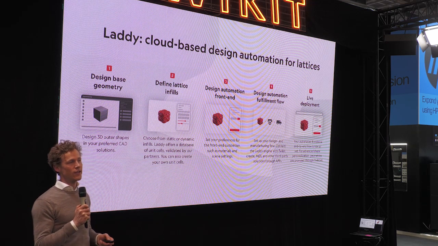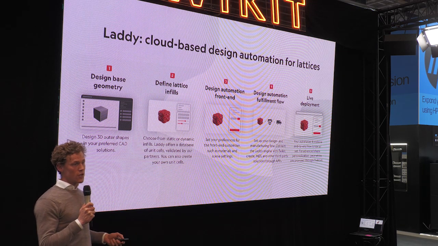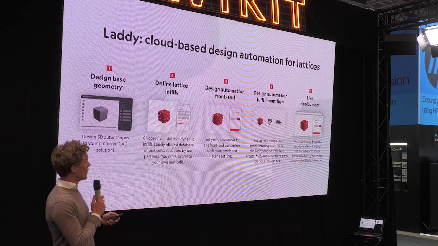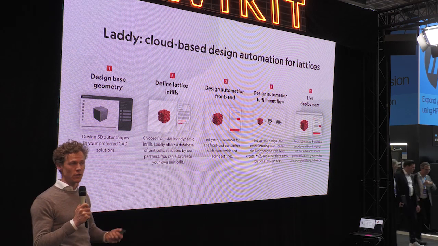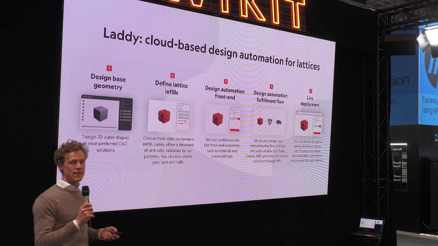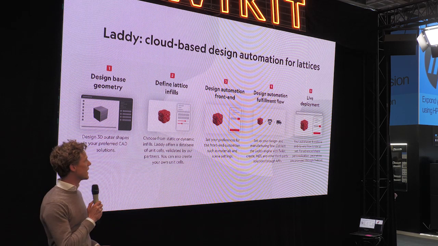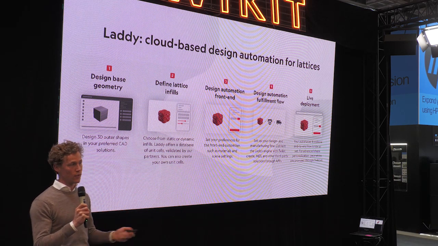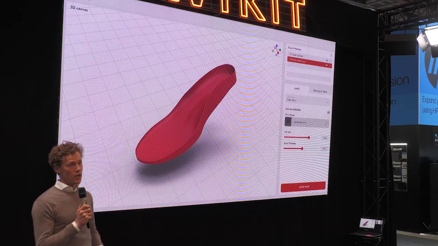Second phase, it's actually making sure that your front end looks the way it looks. So setting up your scene, materials, all of that. Then you have to actually make sure that the design automation fulfillment flow is also known. So this means setting up all the API connections in the front end, API connections in the back end. And then if you deploy, everything runs immediately on the web and you can have it integrated with your website. Voila.